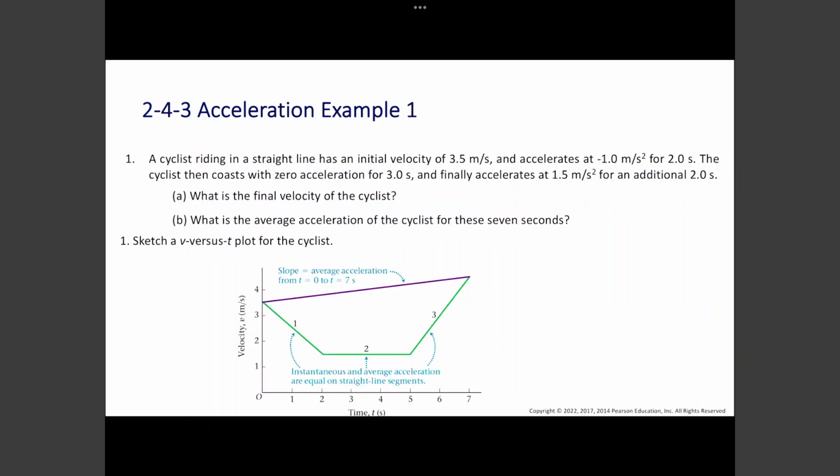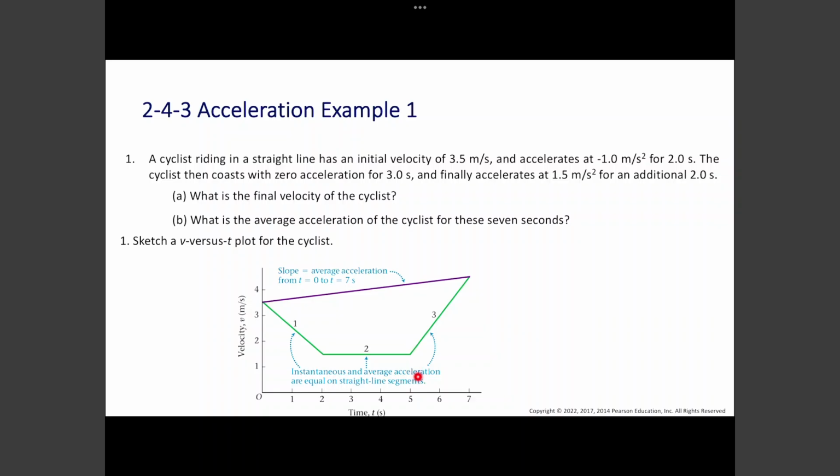For the first 2 seconds, the cyclist has a negative acceleration of minus 1, and for the next 3 seconds he has 0 acceleration. In that case the velocity is constant. Acceleration is 0 means there is no change in velocity, so we have a constant velocity at that time.